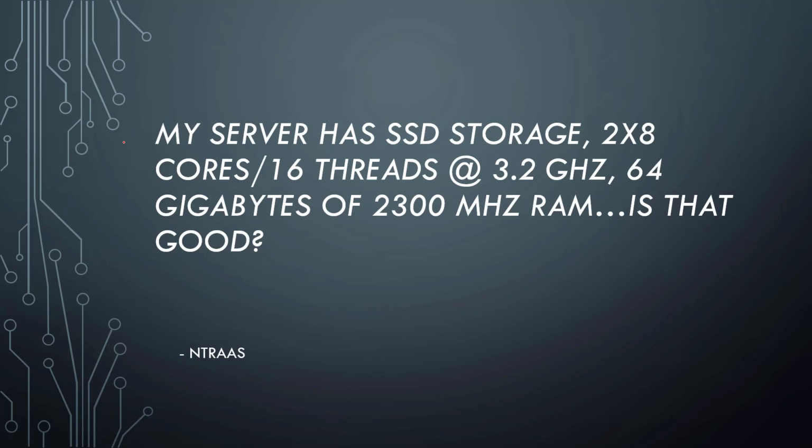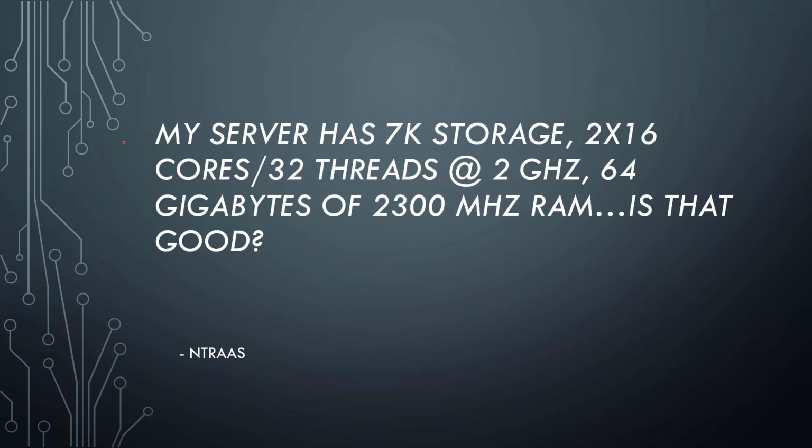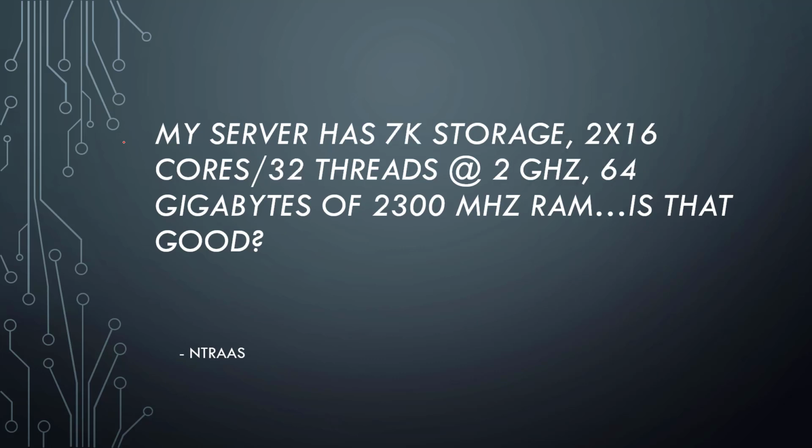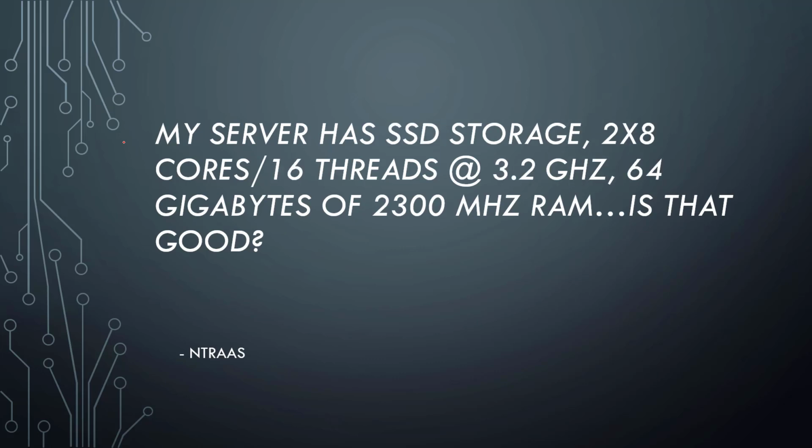So the question here is, which one would be faster? I mean, you have to take certain things into consideration. A 16-core at 2 GHz versus an 8-core at 3.2 GHz, a 7K spindle versus an SSD. These are some of the questions you need to iron out.